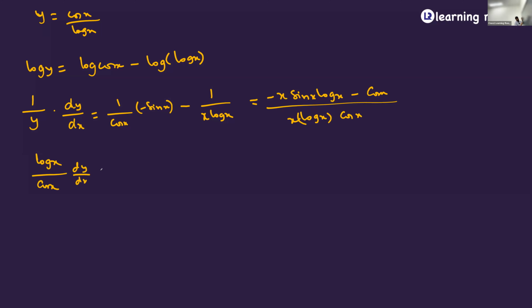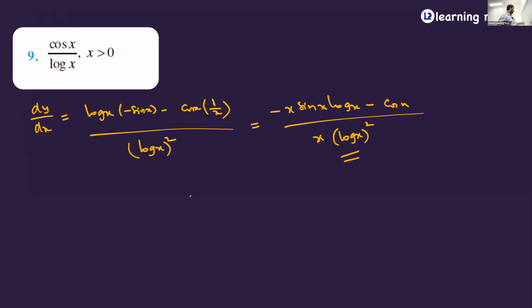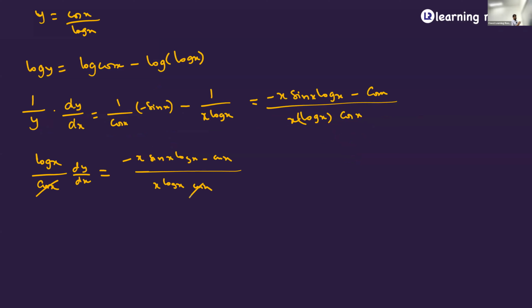Into dy by dx is equal to this whole thing, minus x sin x log x minus cos x, the whole divided by x log x into cos x. So cos x and cos x are gone. Log x will go to the other side as multiplication. I think this is the answer. Both are minus, no? So this is the answer: minus x sin x log x minus cos x divided by x into log x the whole square. It should work.